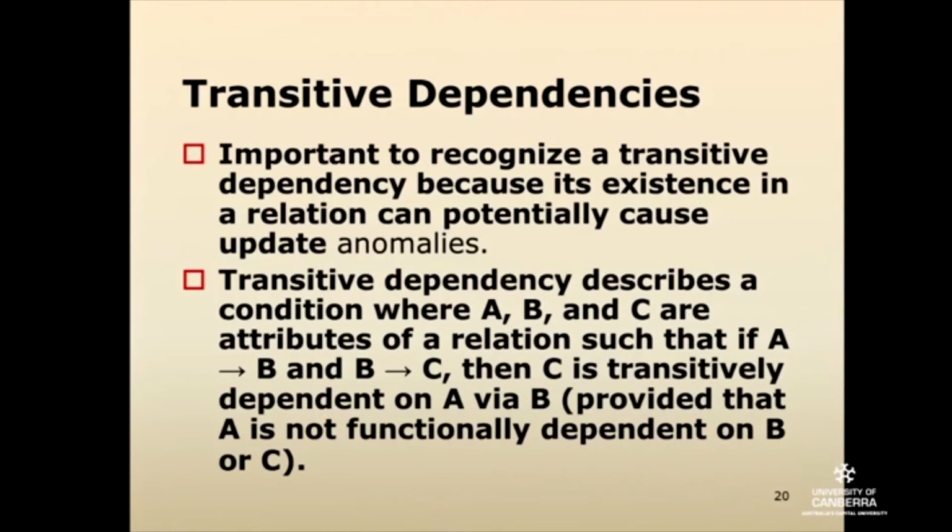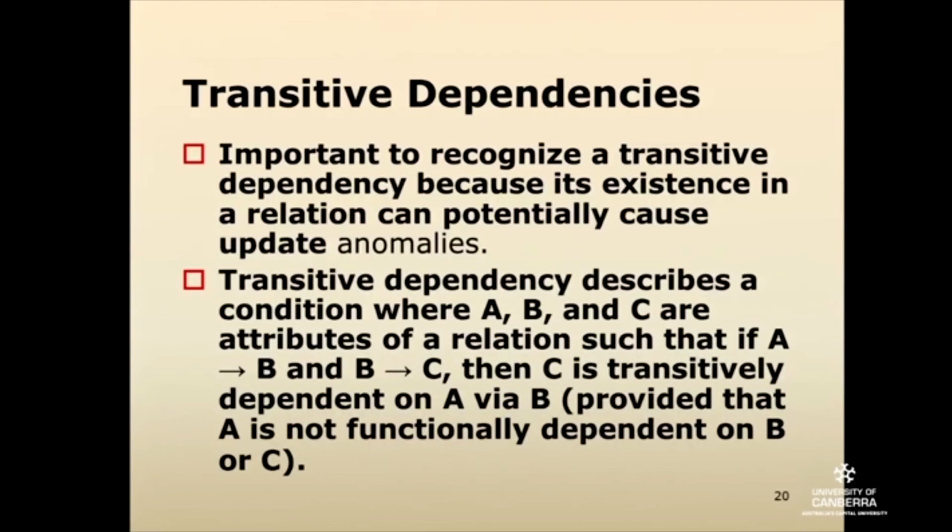Let's say you've got a relation R, the entity name is R, and the attributes are A, B, and C, three attributes of table R. If you know A, from A you can determine B, and from B you can determine the value of C. This is called transitive dependencies.